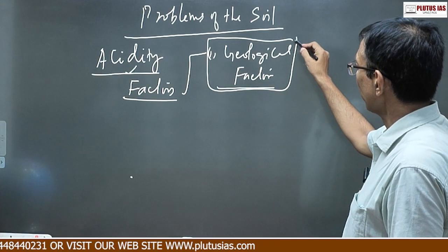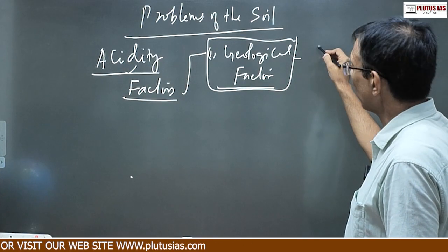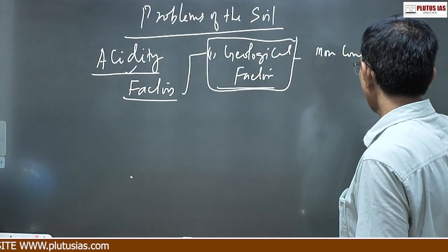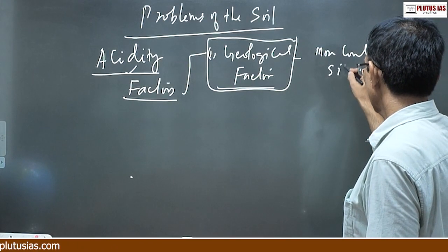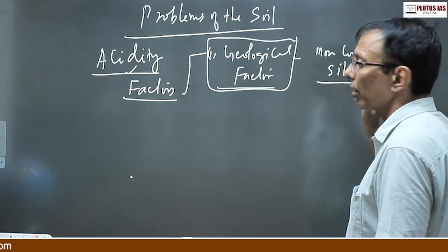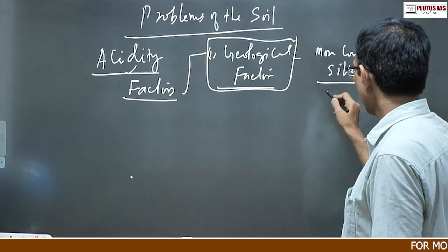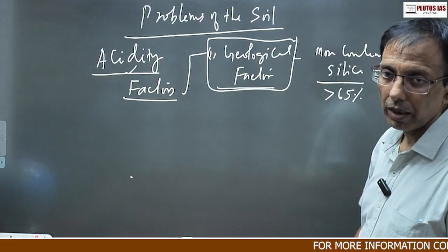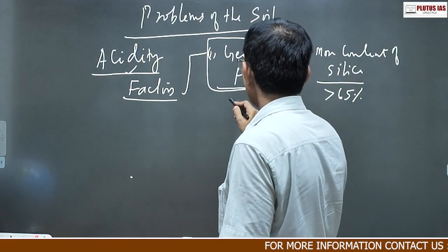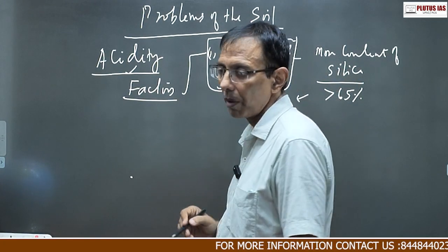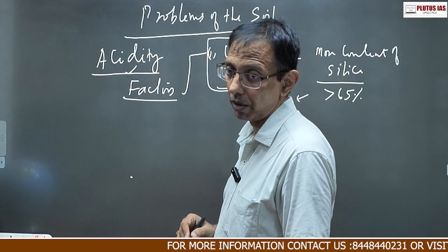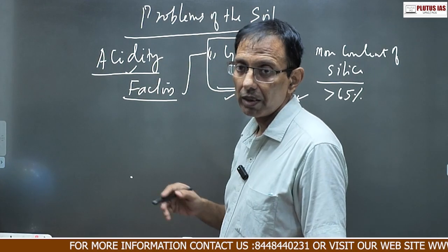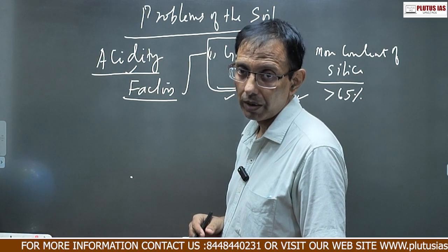Like if the soil has more content of silica, more than 65% of silica, then silicon dioxide will lead to the development of acidity in the soil, right? Like silicic acid would be made.